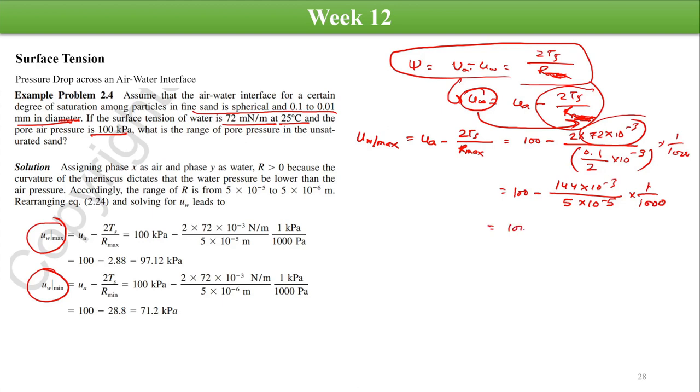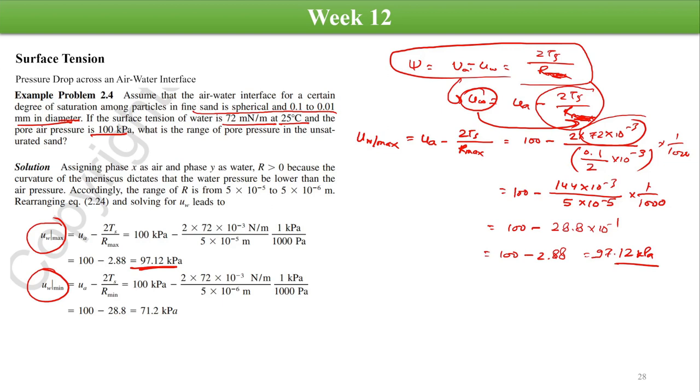So let's see what we get. 100 minus 144 divided by 5. These are going to be 10 to the minus 6 and 10 to the minus 5, so it's going to be 10 to the minus 1. So it's 28.8 into 10 to the minus 1, it's going to be 100 minus 2.88. It will give you 97.12 kPa. That is what's written here also. So we have determined the maximum value of the pore pressure.